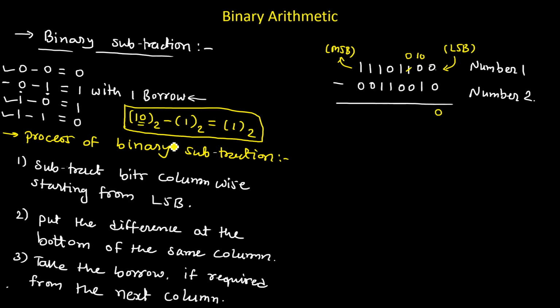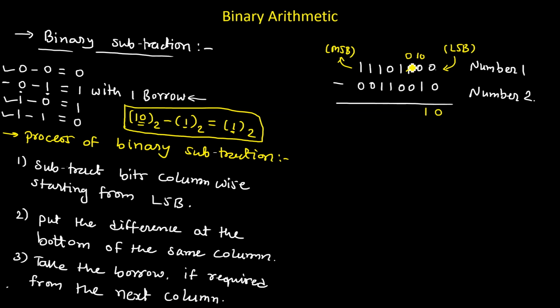If we convert 10 to decimal, we get 2, and 1 in binary is 1 in decimal. So 2 minus 1 gives 1 in the decimal number system. If we convert into binary, 2 is equal to 10 and 1 is equivalent to 1. So 10 minus 1 gives 1.